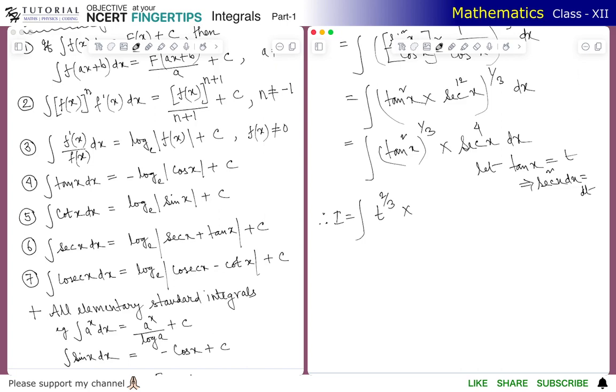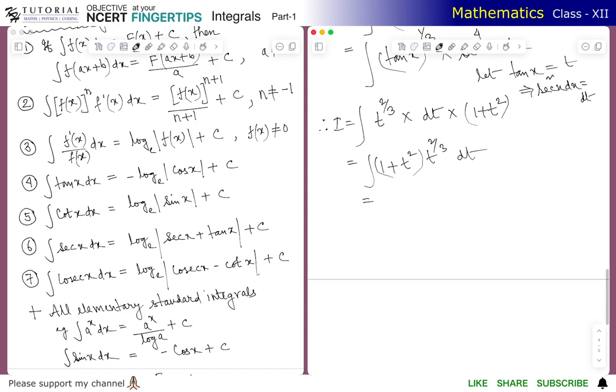So over here, if we split sec x to the power 4 as sec square x into sec square x, we will get dt into sec square x, and sec square x is 1 plus tan square x, which is 1 plus t square. Okay, so I have got (1 plus t square) t to the power 2 by 3 dt. Okay, this is easy now.